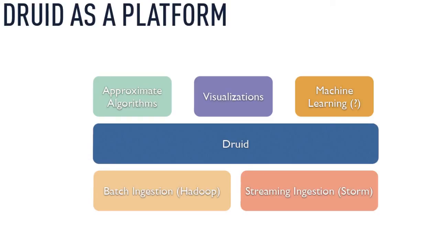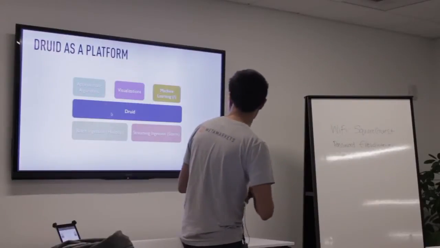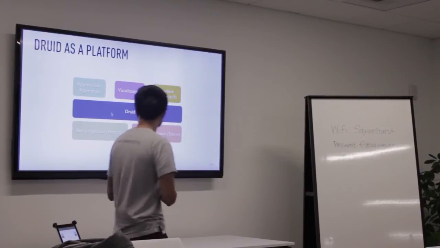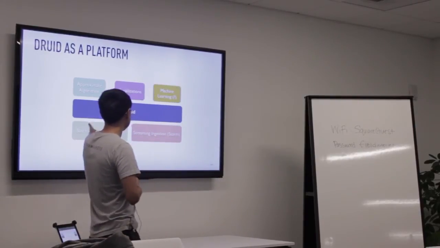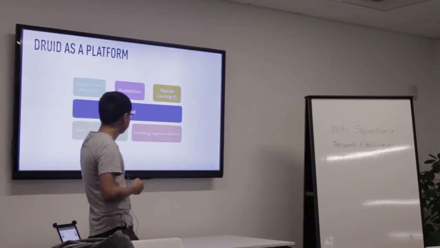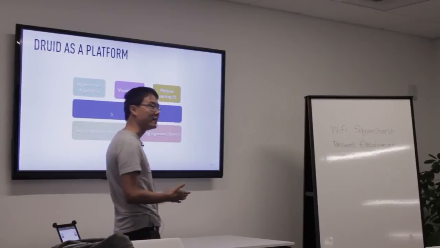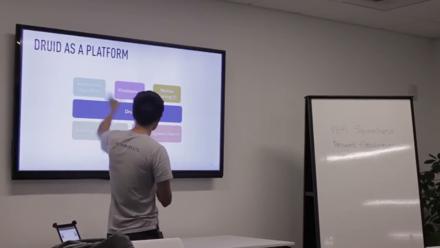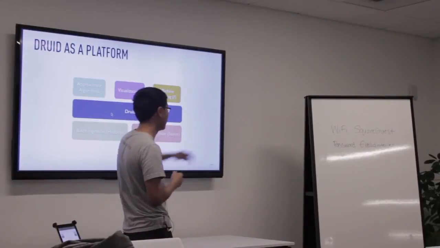So it's really our hope to turn Druid more into a platform. What we have in production right now is batch ingestion being done through Hadoop, which hooks up with Druid. We have streaming ingestion, or streaming ETL, done with Storm that hooks into Druid as well. And then we have different components that build on top of Druid.